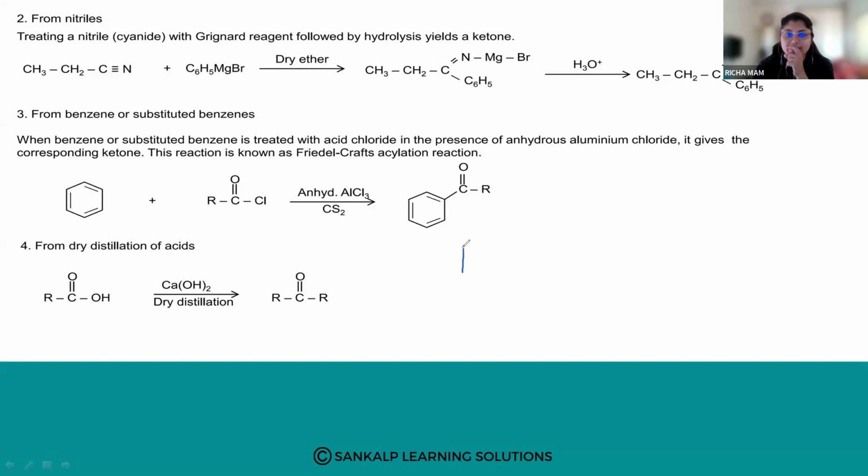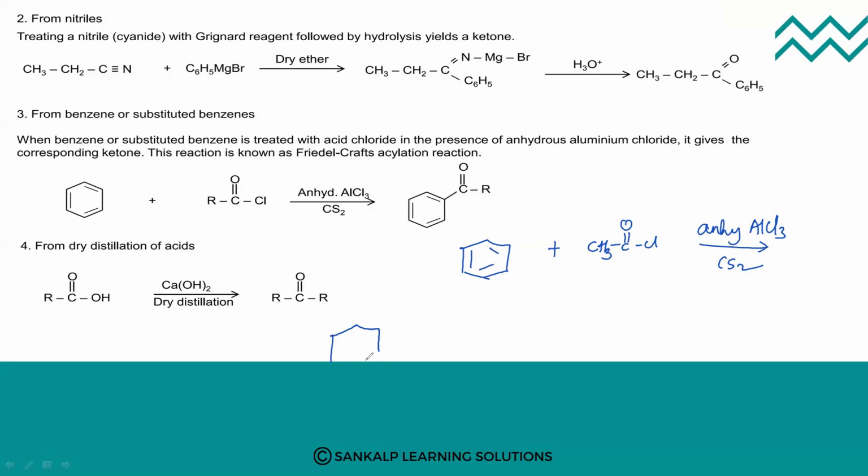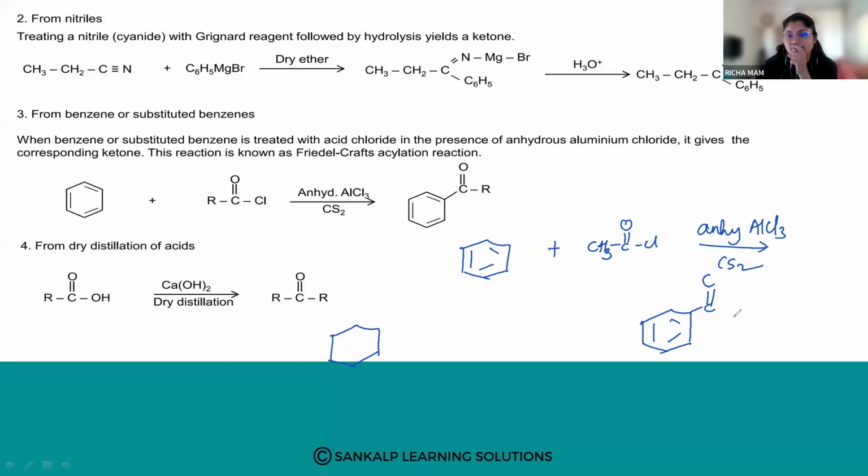Let me give you an example. You have to tell me the answer. I have taken benzene plus CH3 C double bond O Cl in the presence of anhydrous aluminum chloride and CS2. Tell me the product obtained. Benzene single bond C double bond O single bond CH3.